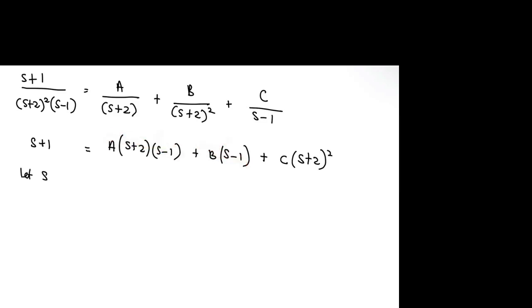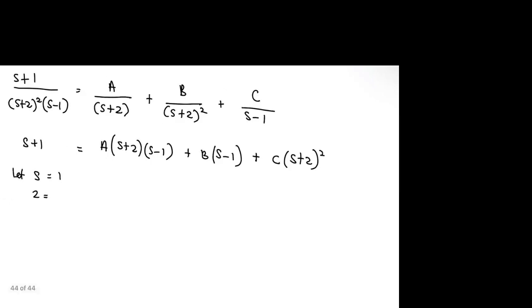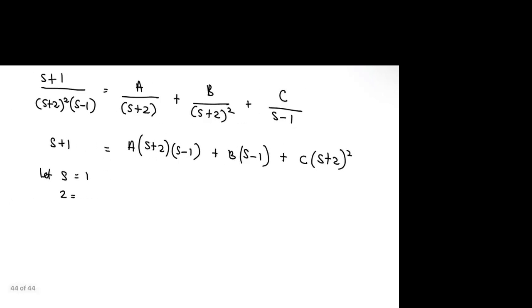So let S equal to 1. Then 1 plus 1 equals 2. A became 0, B became 0. So 1 plus 2 is 3. 3 square is 9. So C equals 2 over 9.